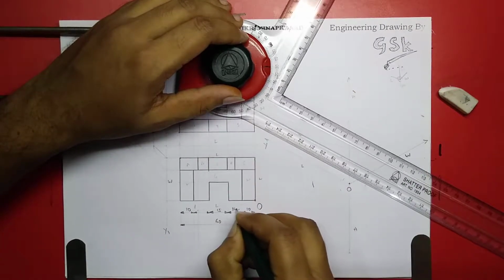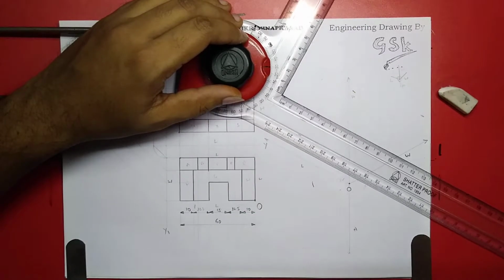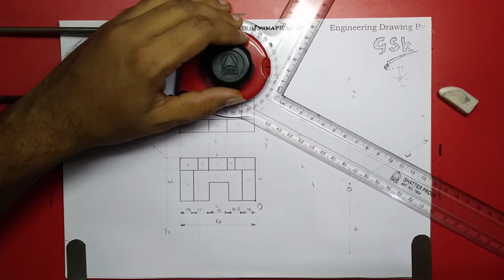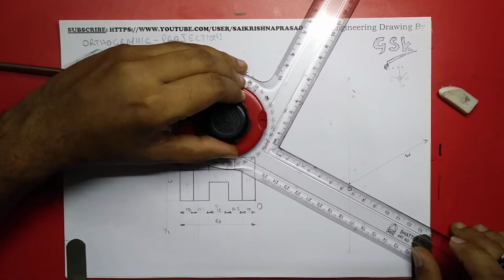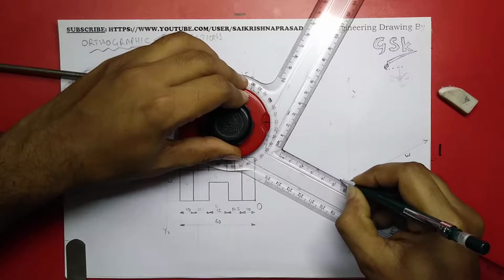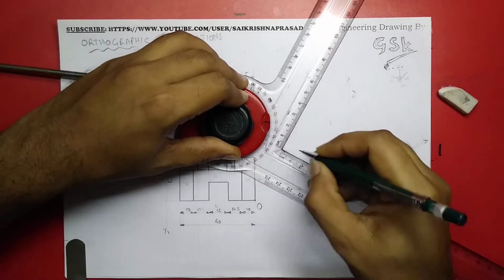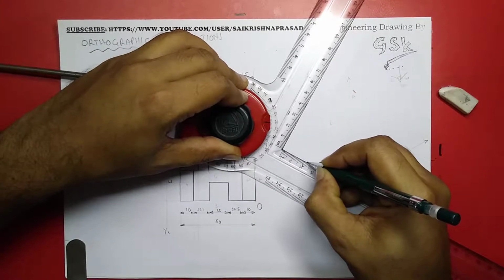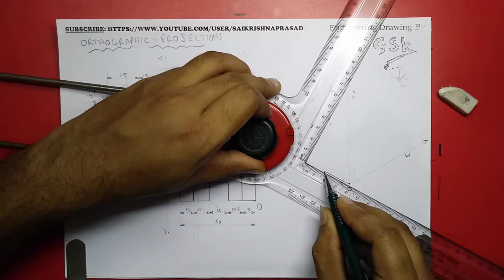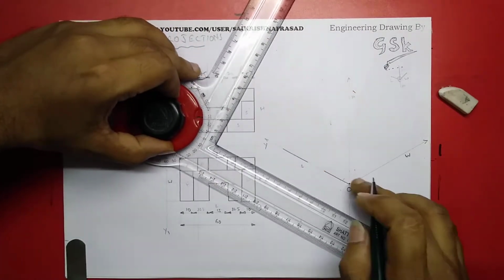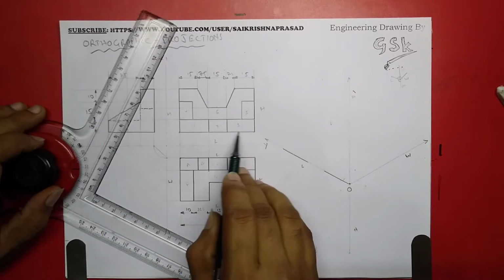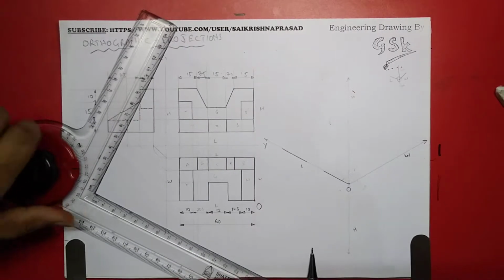So this is 22.5, 22.5, and the middle is 15. Here you can see that, right? So this is about length. So I have drawn this line and this line over here.